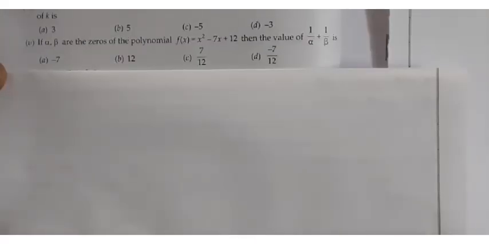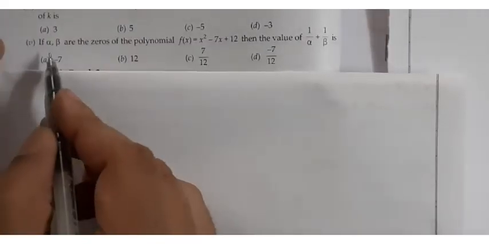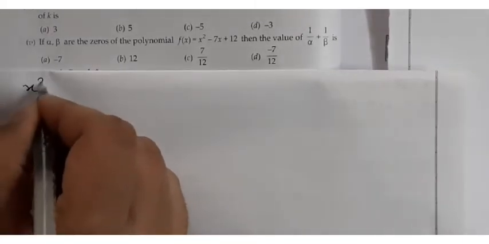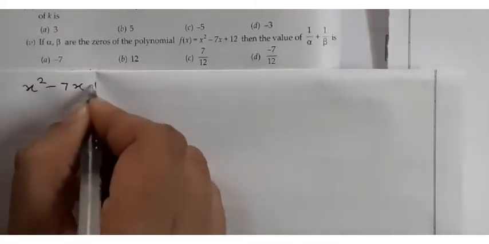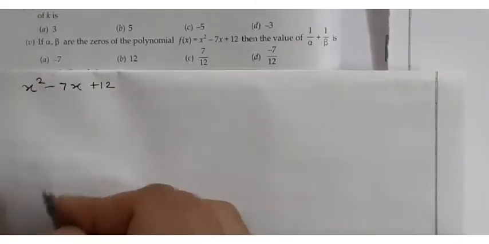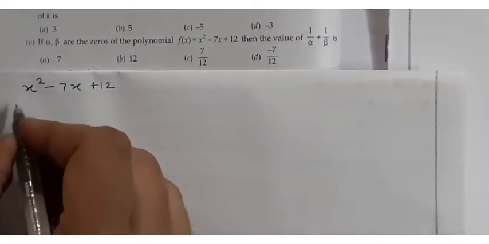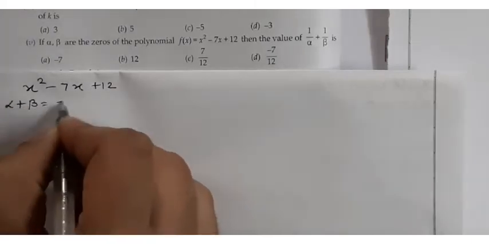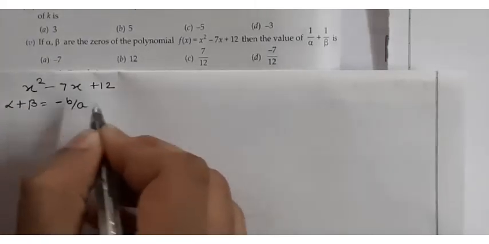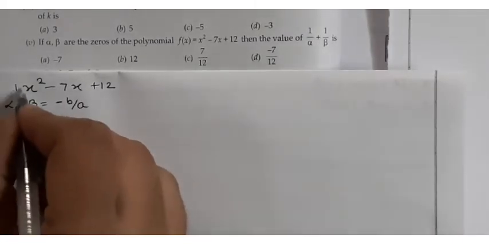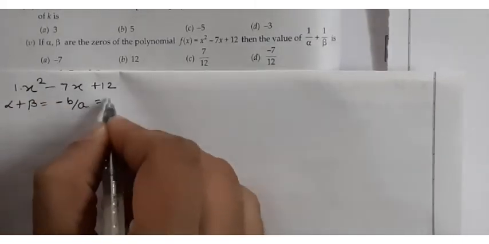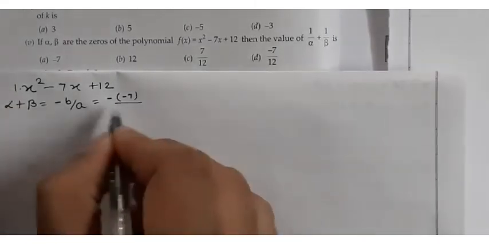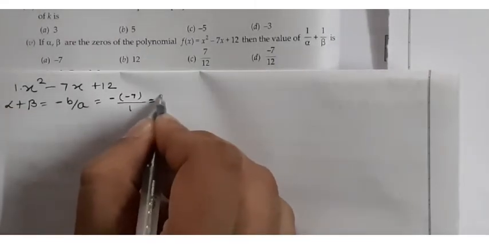Yes, last, fifth part. Alpha and beta are the zeros of x square minus 7x plus 12. Its zeros are alpha and beta. Then you can tell me what the sum of zeros is. That is minus b upon a. a is 1, b is minus 7, no? So alpha plus beta is 7.